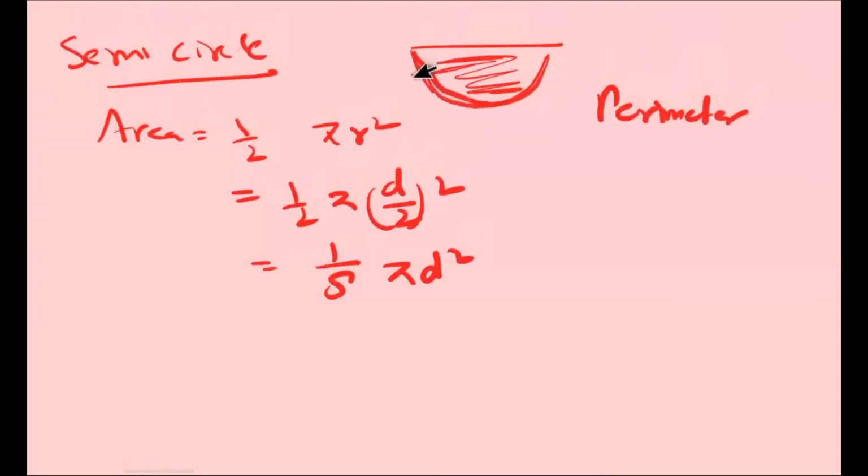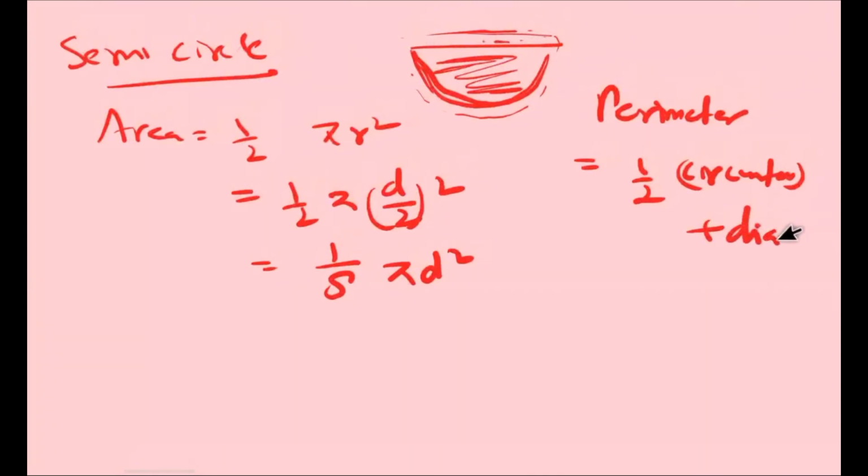Perimeter is this boundary plus this boundary, a closed figure. So what is the perimeter? Half of the circumference plus this diameter. So we can write half into 2 pi r plus 2r.